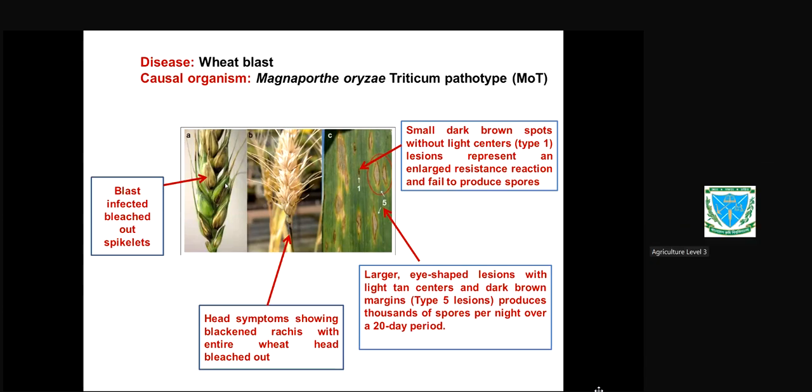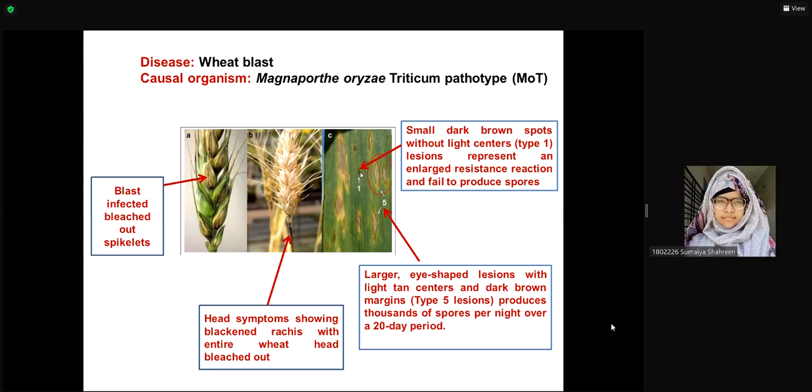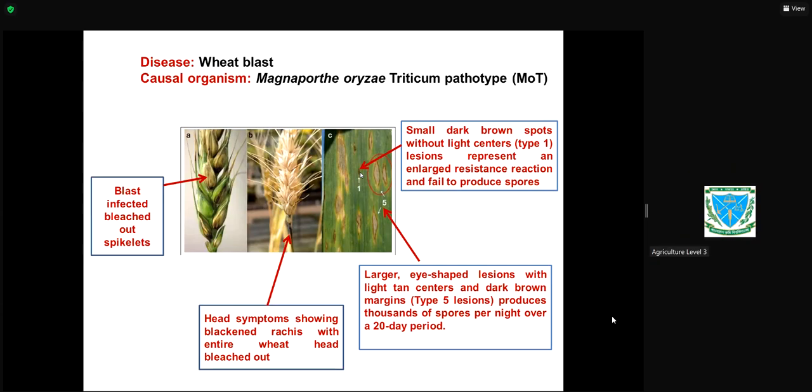So what can we see? If we notice the symptom on the leaf, you can see a small dark brown spot without a light center, type 1 lesion. Where you see the tip of this arrow, you can see the dark lesion. We call it type 1 lesion, a dark brown lesion without any light center. And this indicates that these wheat varieties are resistant.